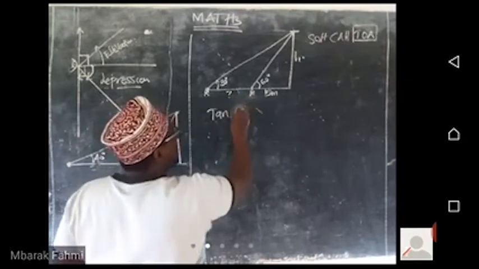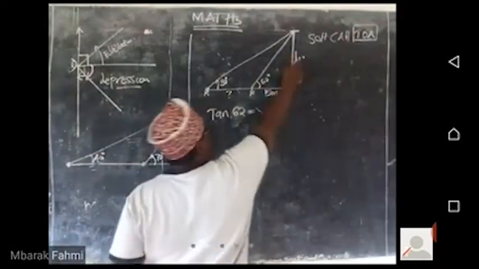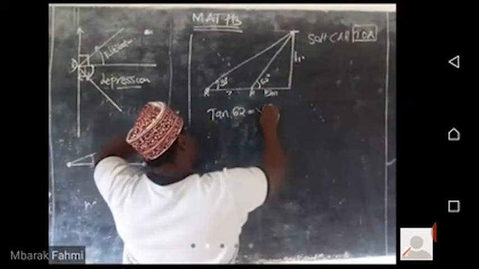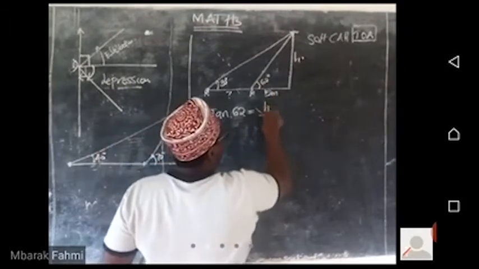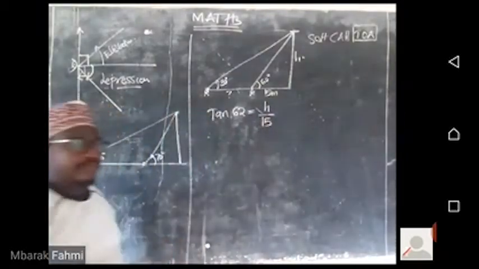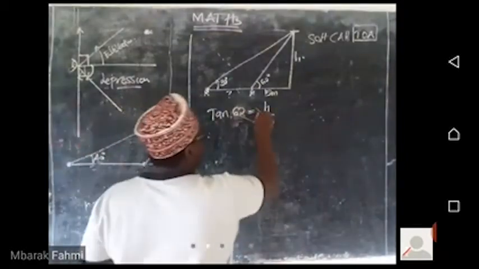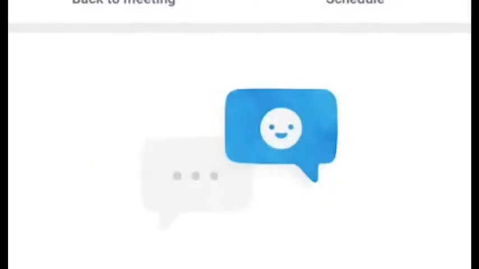Tan 62 degrees is equal to opposite, which is height, over adjacent, which is 15. So to get height, just cross multiply. You say height is equal to 15 tan 62 degrees.